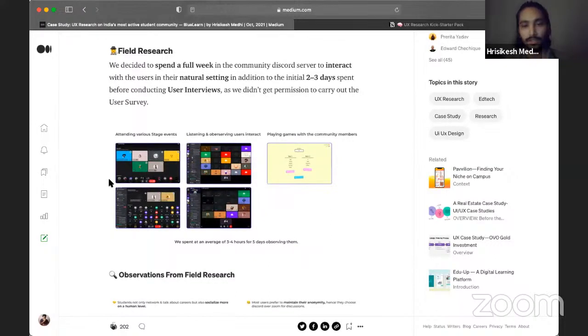Because we couldn't do the user survey, what we did was field research. Initially, we spent some time in the server to get to know how the server functions and how you all interact. We spent almost a week spectating you guys, attending events, taking part, and just observing and getting all those findings.